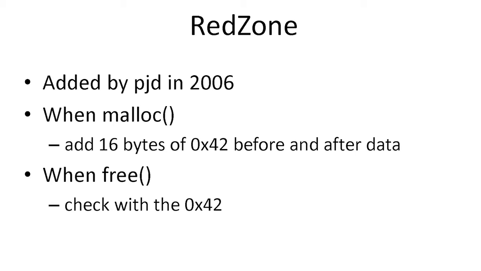The additional 16 bytes will contain the value 42. When you free this memory, it will check that the additional 16 bytes of data are still 42. If the value has been changed, you will know there is a write overrun in this memory.